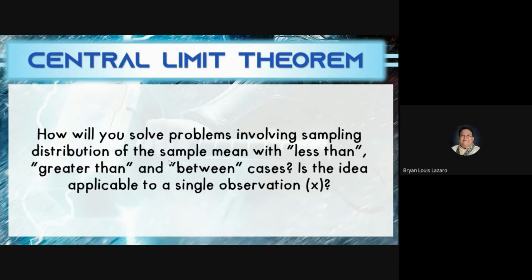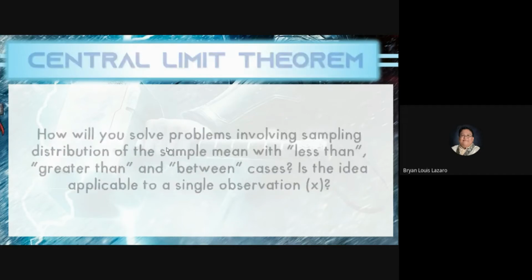Gumagawa tayo ng table. Di ba? Nagawa tayo ng table from, halimbawa, meron akong 1 to 5, tapos ang size ng sample mean mo ay 2. So kukunin mo pa yung frequencies niya, gano'n. Paano kaya kung ang tanong less than, greater than, in between? Ibig sabihin, tatanungin na tayo ng probability. Okay? So let's start doing that.